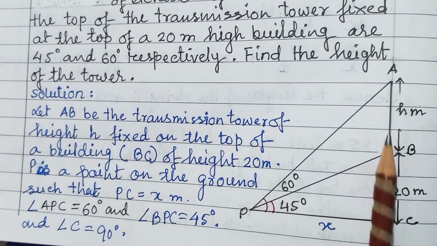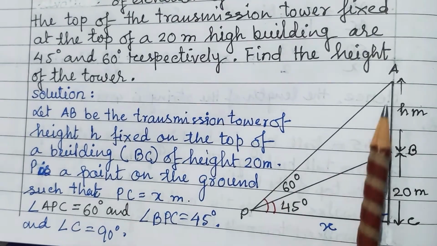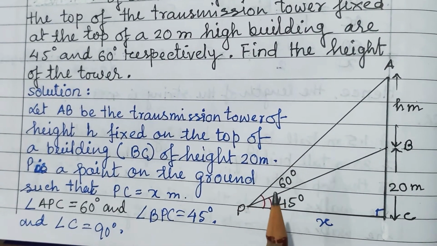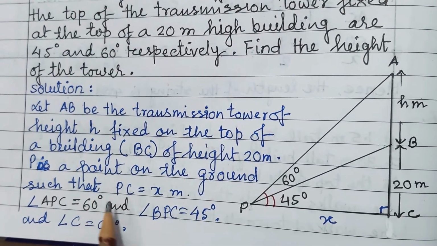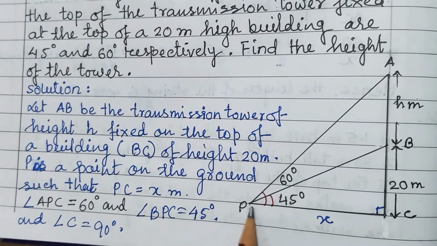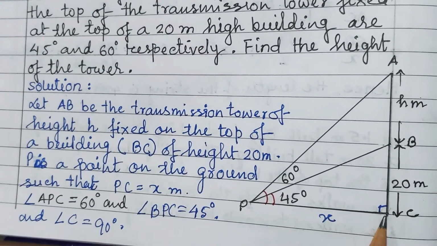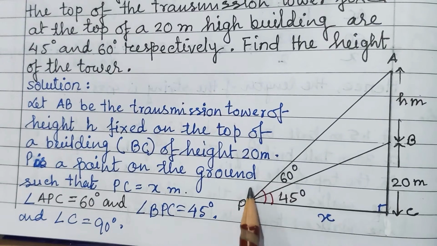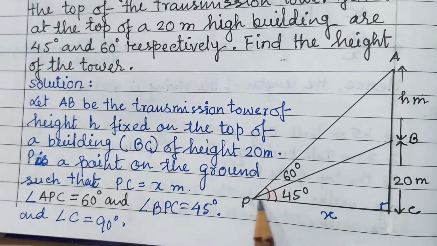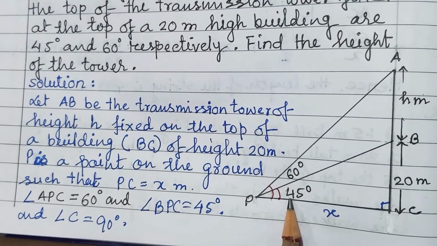So the object and observer, these two points should be correctly pointed out. So it is such that PC is equal to x meters, and angle APC is 60 degrees and BPC is equal to 45 degrees.